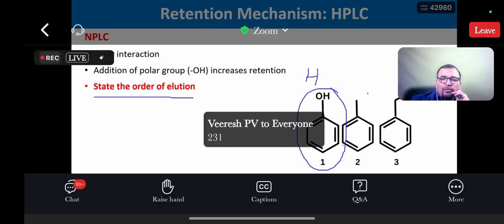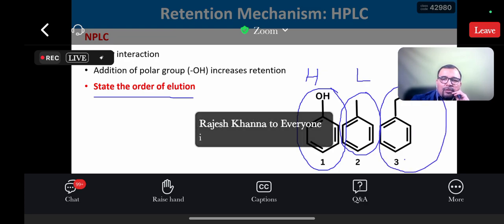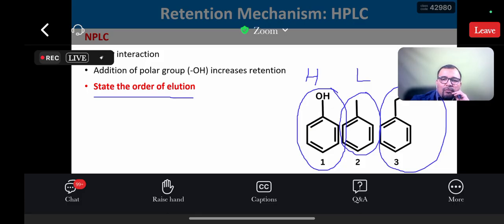This is going to be low retained, and this is going to be moderately retained. So now it is 2, 3, 1. How many of you got 2, 3, 1? Type in "me" in the comment box if you got 2, 3, 1.